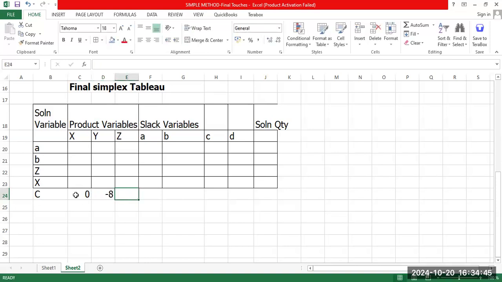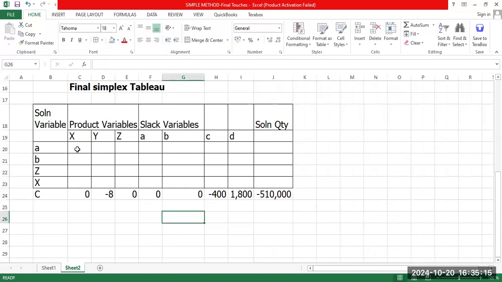Here you will be having 0, 0, then -400. Here is 0, then -400, then here 1,800, then finally -5,110.